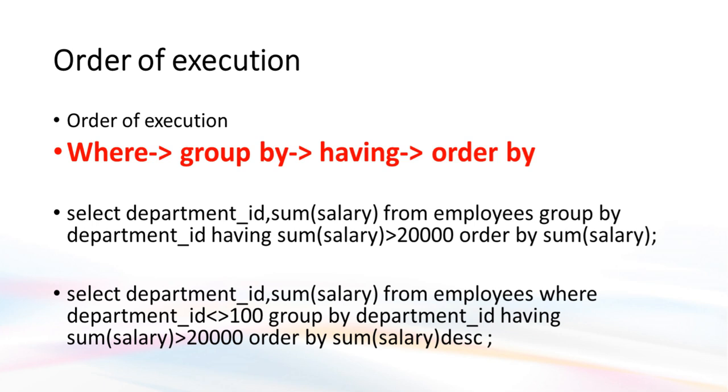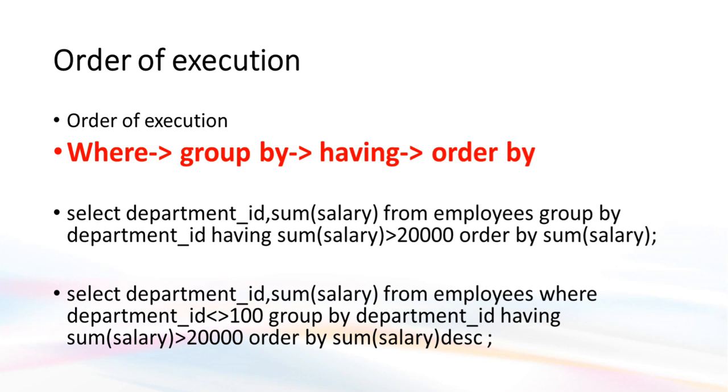So what will this return? This will return department ID wise sum of salaries. Now I am applying the condition having sum of salary greater than 20,000. So on the group I am applying the condition. Now we need to use order by sum of salary. The order by clause will always come at the end. Remember this.